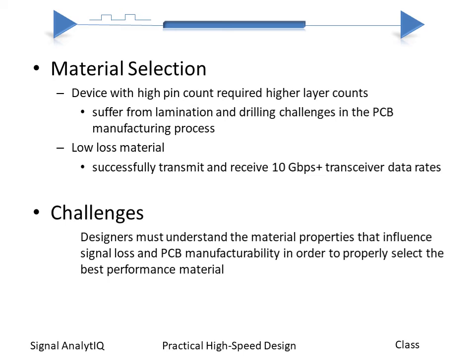So you should keep these material selections in mind when you choose a device with high pin count and low loss material. So nowadays, what are the challenges that you face? Designers must understand the material properties that influence signal loss and PCB manufacturability in order to properly select the best performance material.